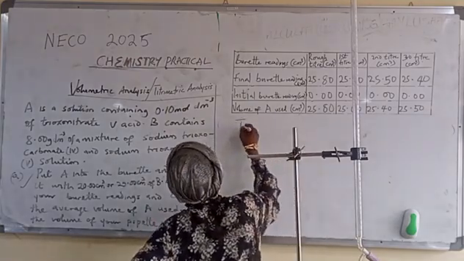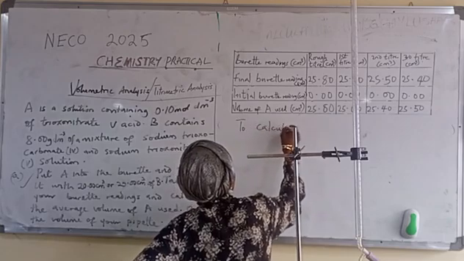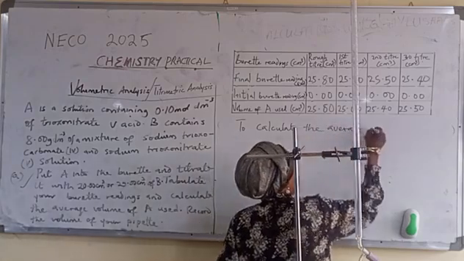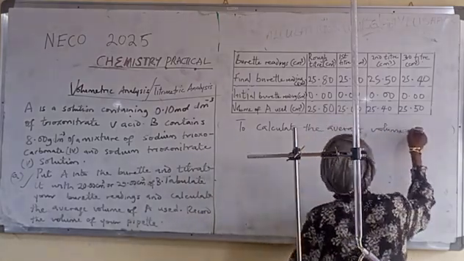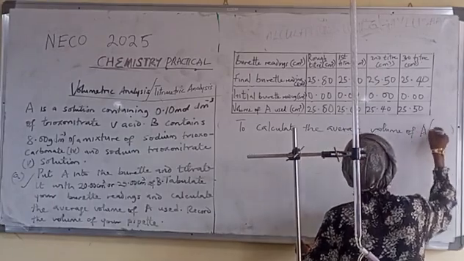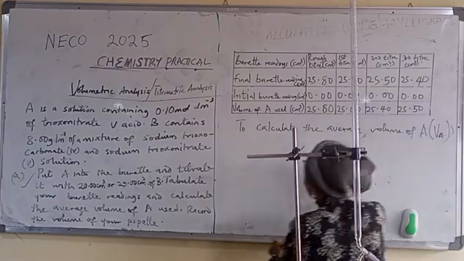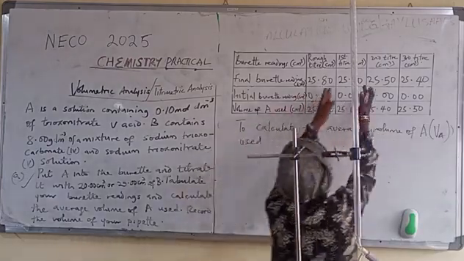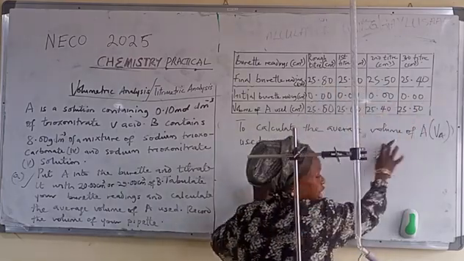So you let them know what you are doing: to calculate the average volume of A, which is your VA used. Of course, you have to take the three titre values and divide by 3.